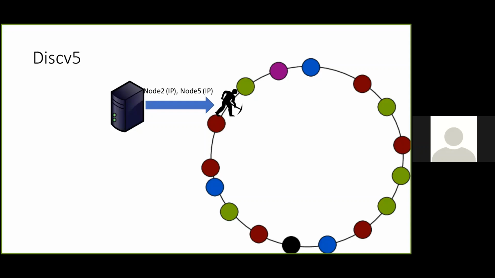Is there a single service discovery for all the applications using Ethereum, or is there one per application? Right. No, there is a common service discovery for all the applications. So all the nodes from all the applications can register to the service, and then you can query the service for any application you want. Okay.